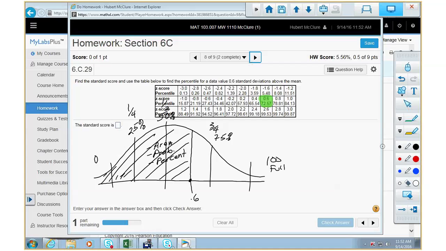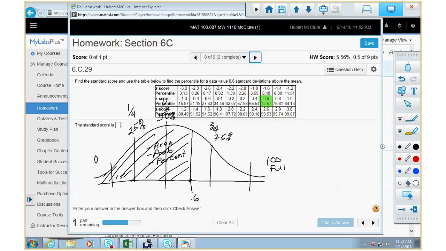The area is probability. So I can say the area under the curve at 0.6 is blah, blah, blah. Or I could say the probability under the curve at 0.6 is blah, blah, blah. Or I could say the percentage at 0.6 is blah, blah, blah. All of them will give you 72.57.